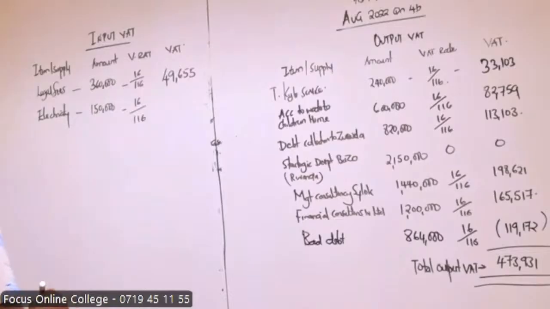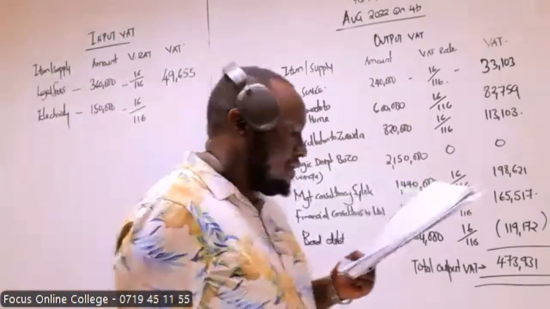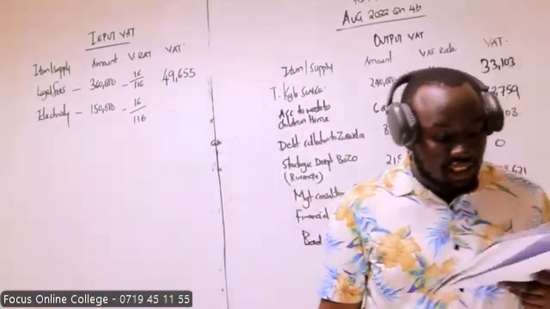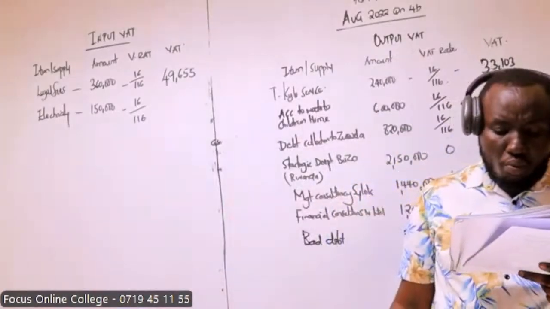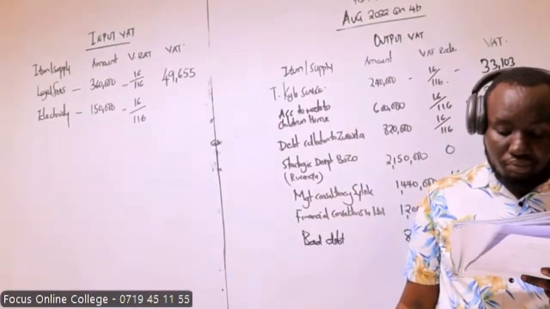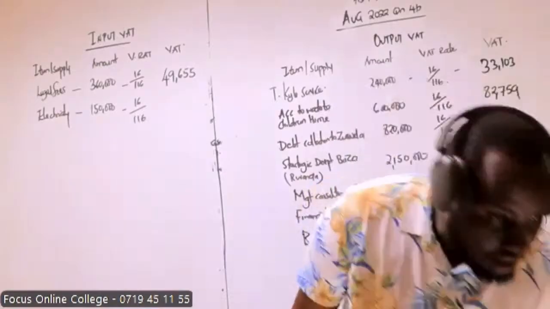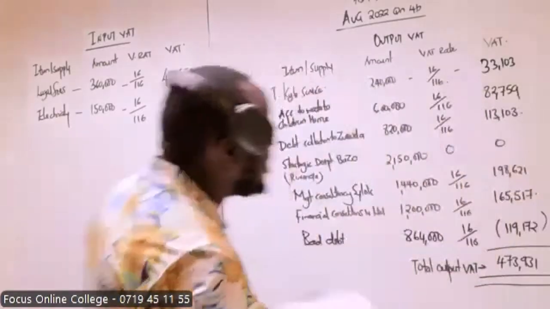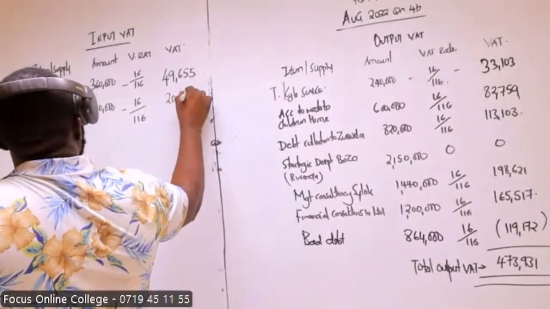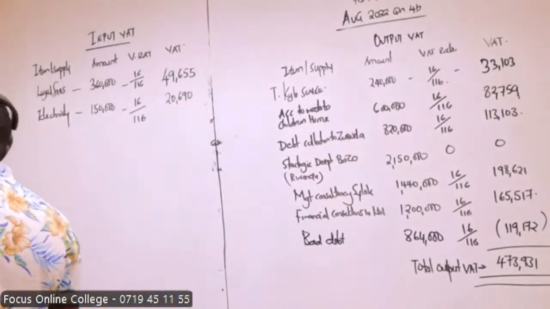So get for me that 16 over 116. What is the VAT on electricity? So that should be 2690.